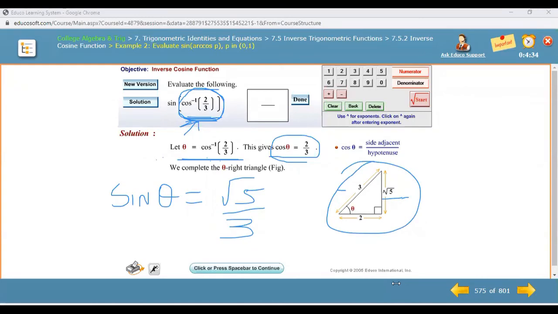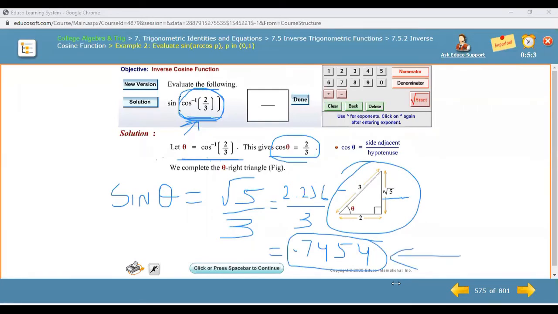If we write 5, radical will be 2.236. So if you are using a calculator, 2.236 divided by 3 will actually be 0.7454. This will be the answer if you use a calculator. Now the only thing you have to do is plug in the answer choices and see if any of the answers match this.